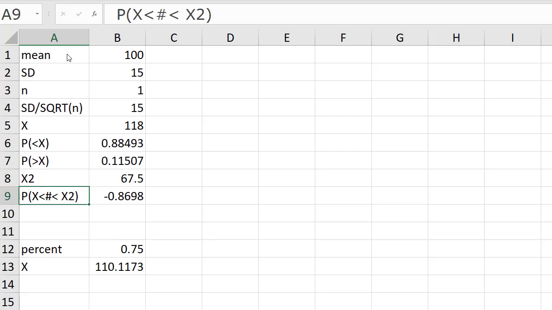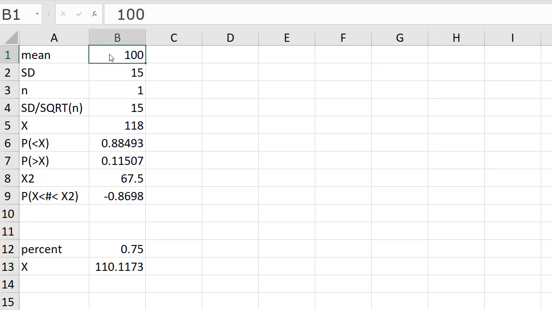And then down here, I'm reminding myself that this is where I find the area in between those two things, so between x2 and x, which also reminds me that x2 needs to be the bigger of those two values. Okay. And then you might also want to just put percent and x down here because we're going to use these for some future examples as well. So you can get it all set up right now.